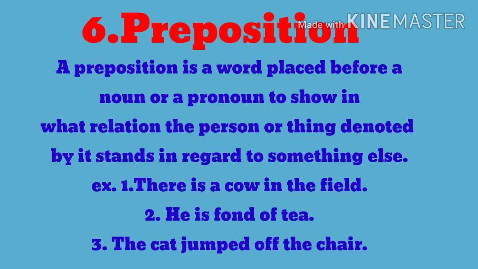In sentence 1, the word in shows the relation between two things, cow and field. And in the second sentence, the word of shows the relation between the attribute expressed by the adjective fond and tea.